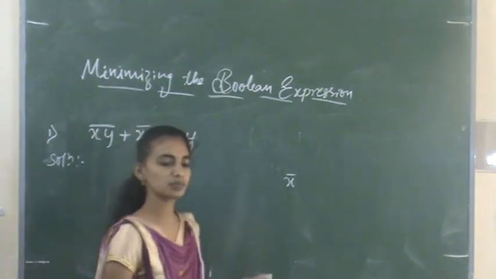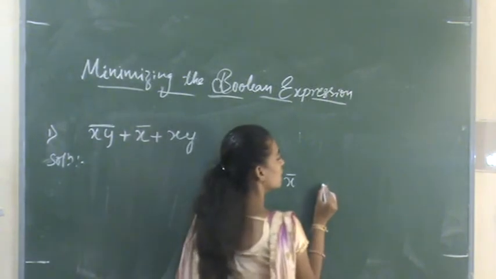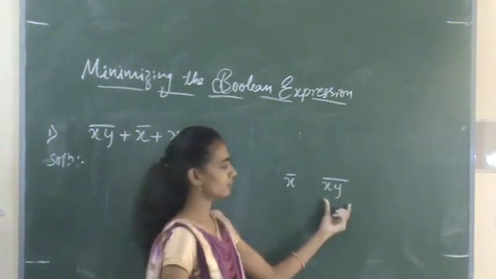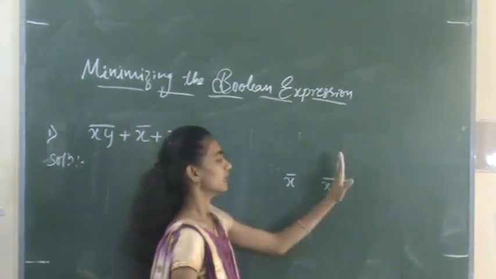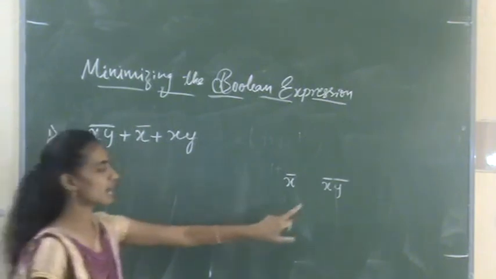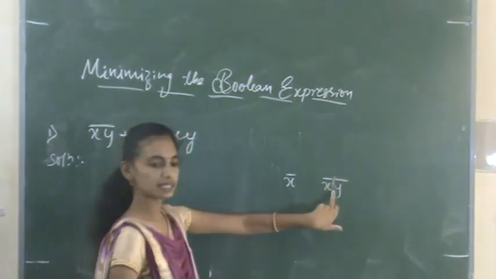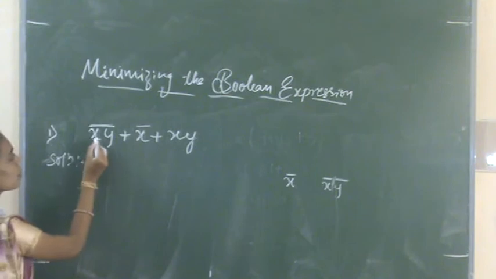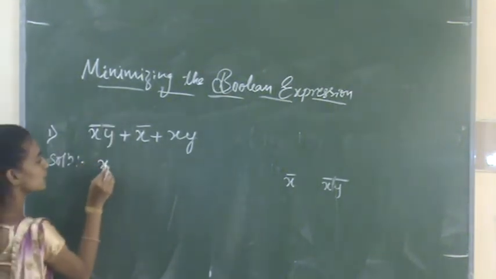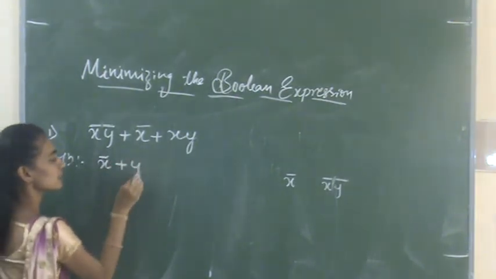If any expression contains the bar of a term, meaning one complete term has a complement, then we have to split it. So how to split? We know that if we are splitting the bar, change the sign. So here we have x into y, right? If I split this bar, x bar plus y bar.